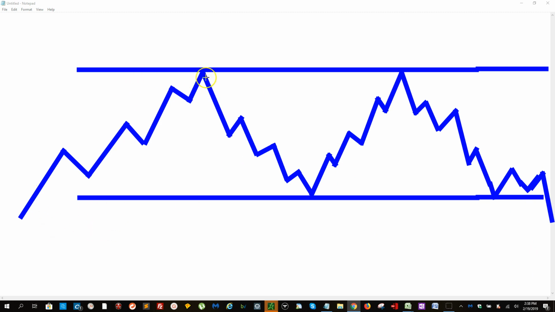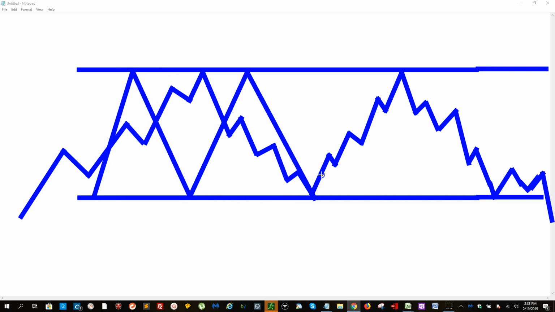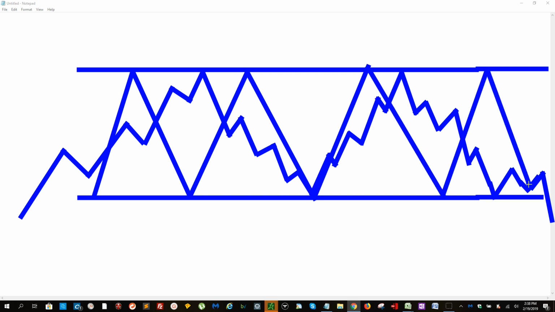So the idea is that if you have a stock that's range bound and you have multiple touches on both the support and resistance levels, you can literally play the reversals of these things like a violin. It is just amazing how these levels are continuously respected on both the support and the resistance area.